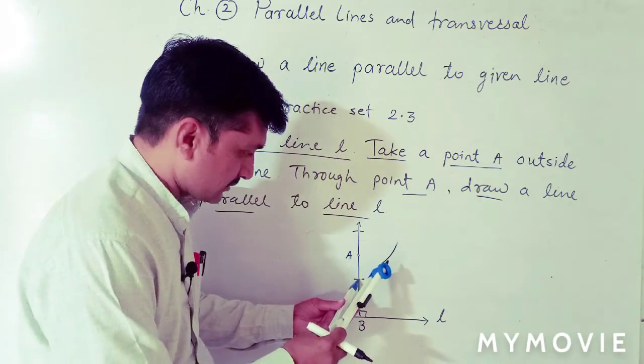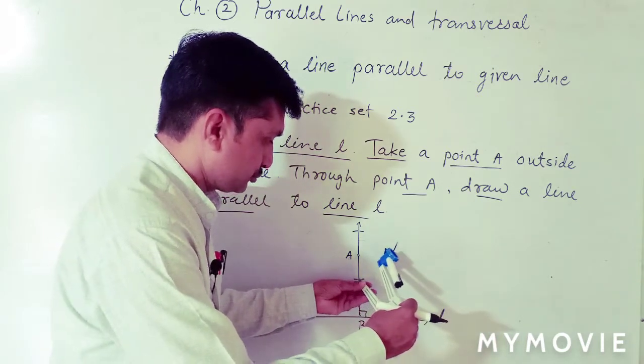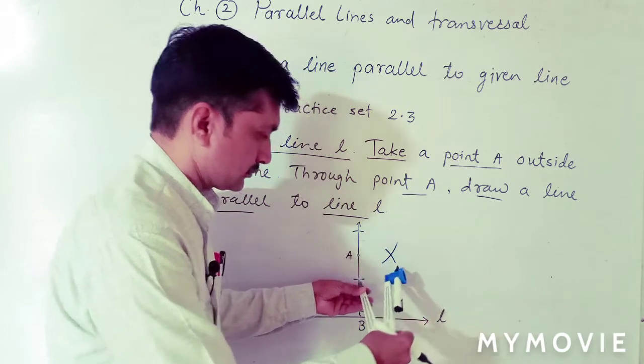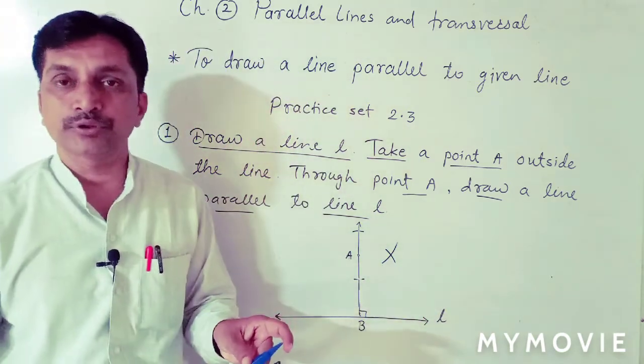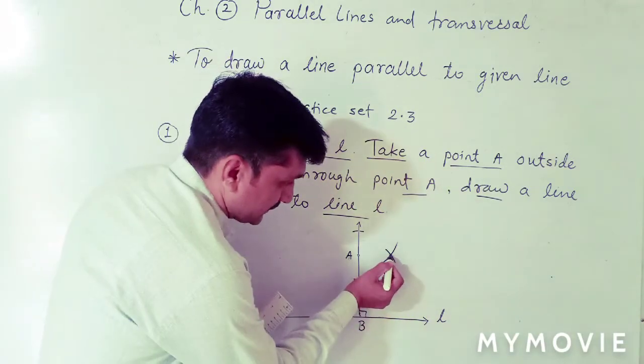Put on another arc below point A, and from here you cross it. Okay. Now we got one intersection point.